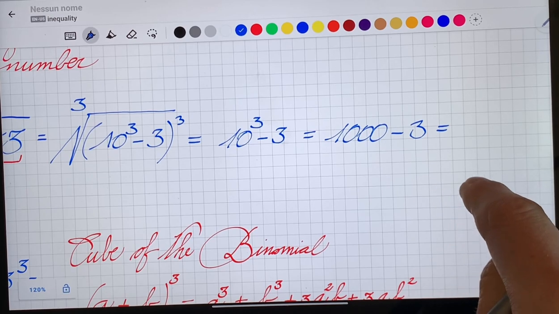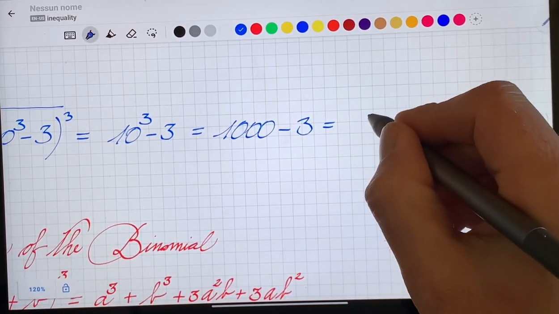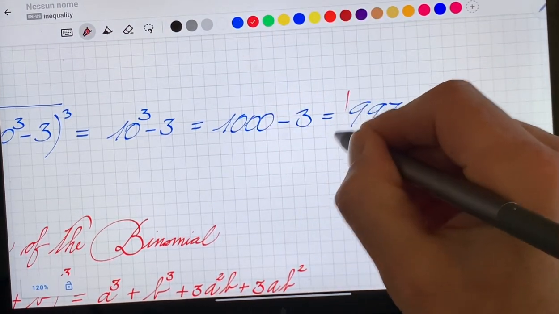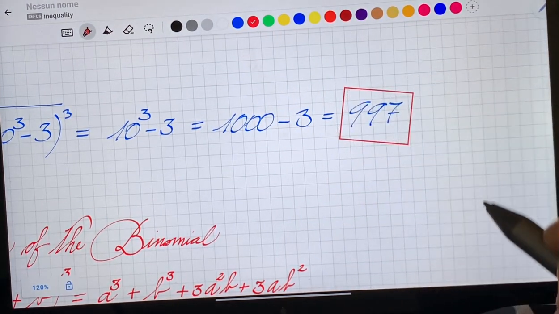That's equal to 997. So this is the solution, 997.